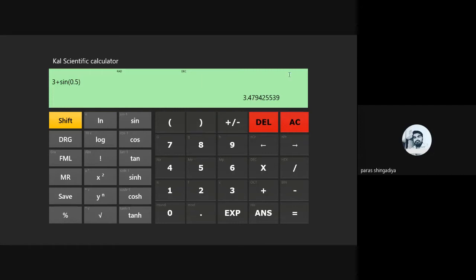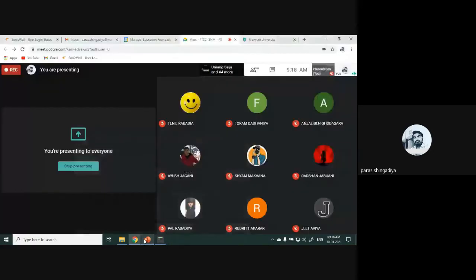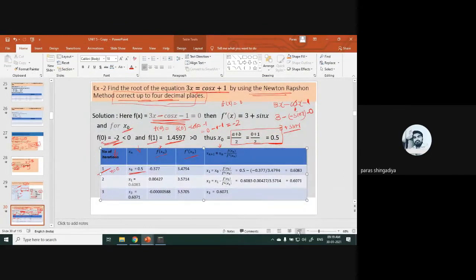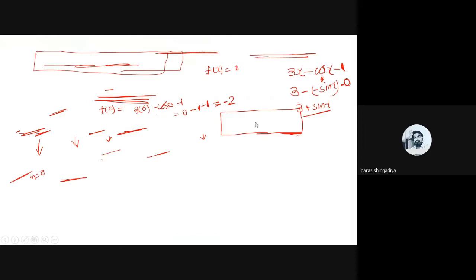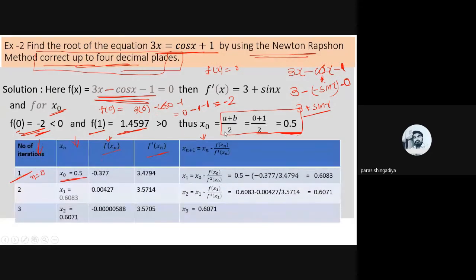The derivative output at 0.5 will be 3.4794. So these are the three values you have: x0, f of x0, and f dash of x0.